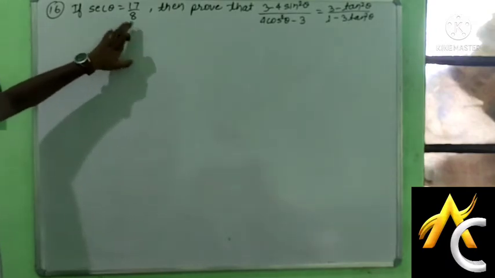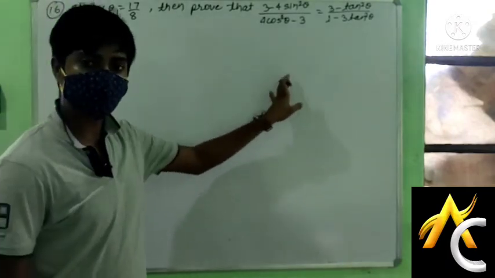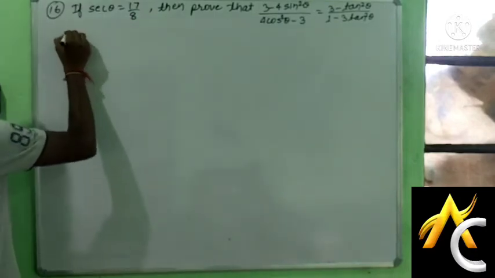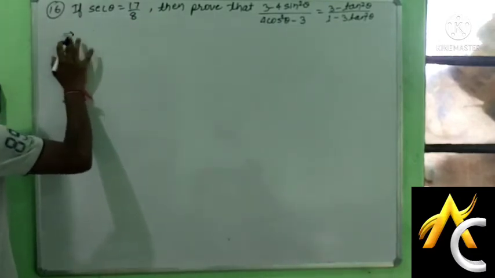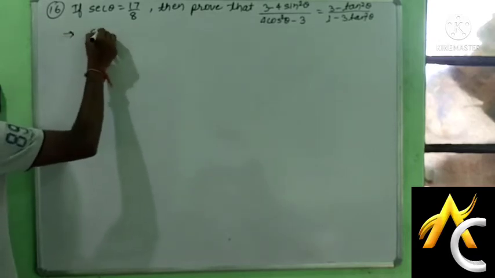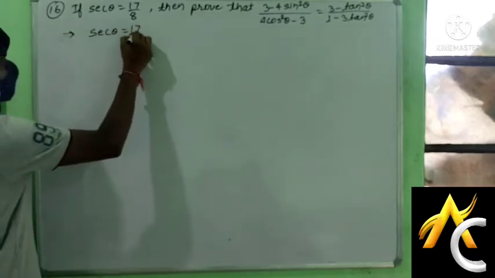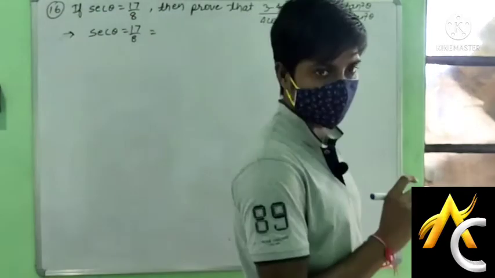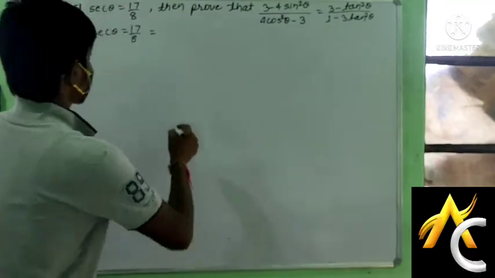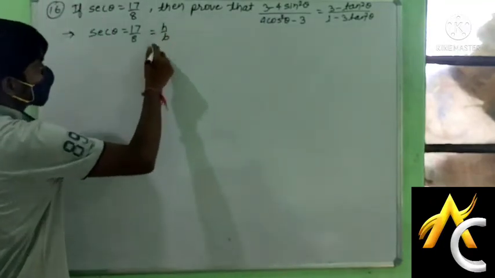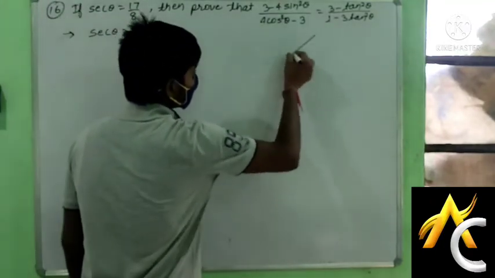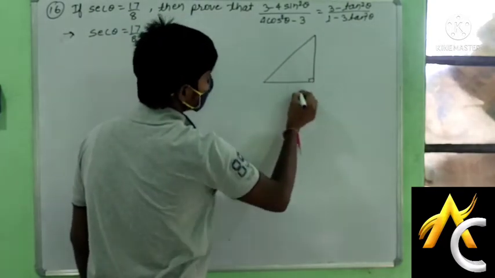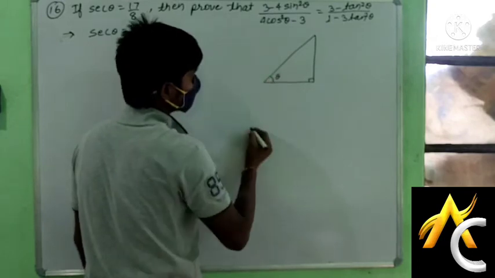Here, given the value of sec theta, we will find all the sides of the right angle triangle. Okay. So the value of sec theta is given as 17 by 8, and as we know, sec theta is equal to h by b. By comparing these, we draw a right angle triangle where this angle is the right angle and this angle is theta.